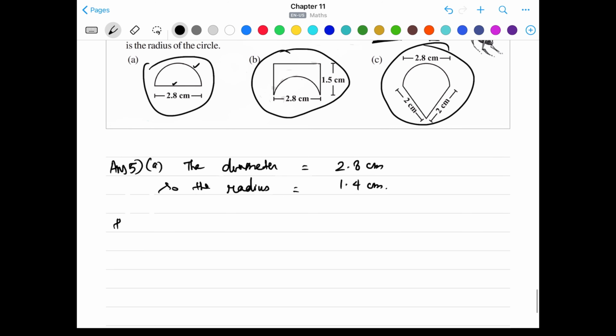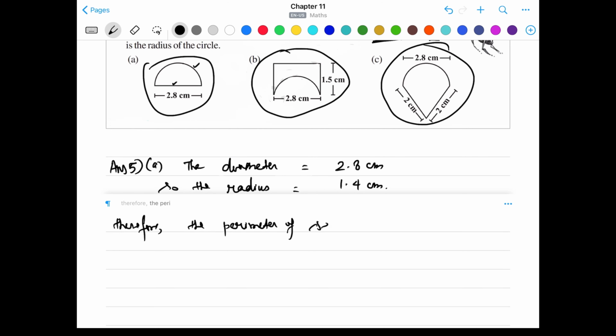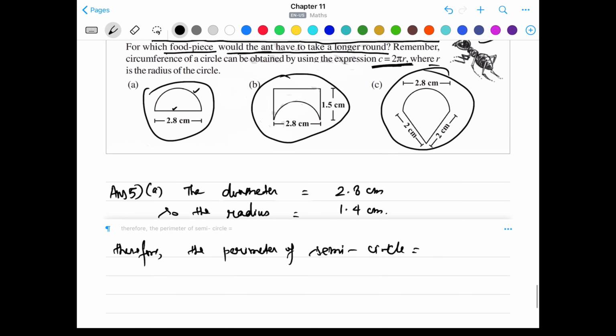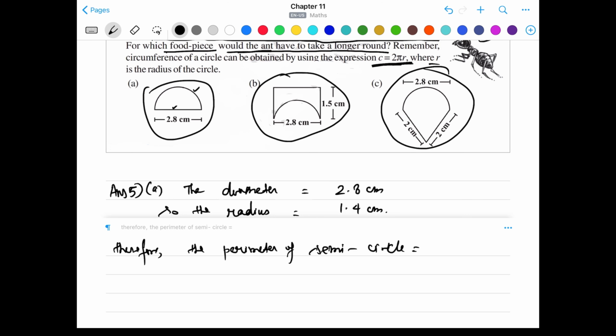So let's write, therefore, the perimeter of semicircle. As it is given in the question, this C gives the circumference of this entire circle, but we have only a semicircle here, so its perimeter will be given by pi r only.